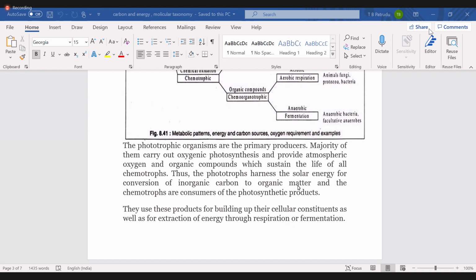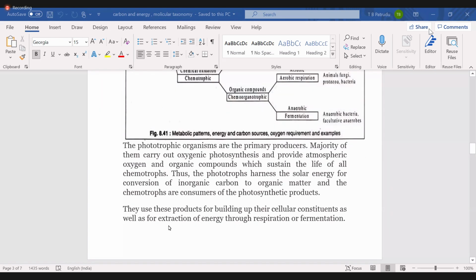C6H12O6 is one of the organic products, glucose or fructose, aldehyde or else ketose. All those are the ketose.